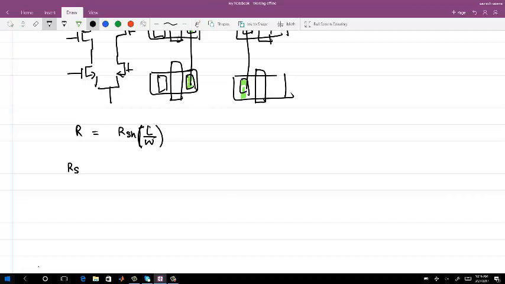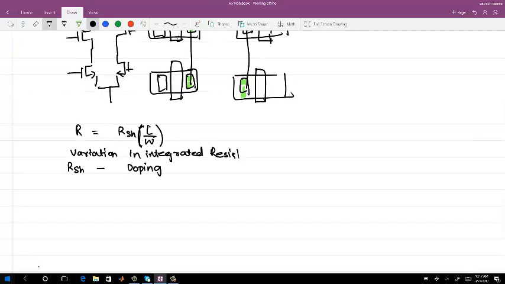Sheet resistance can vary because it is dependent on the doping profile. Variation in integrated resistors can happen for all the different cases: doping concentration and profile.